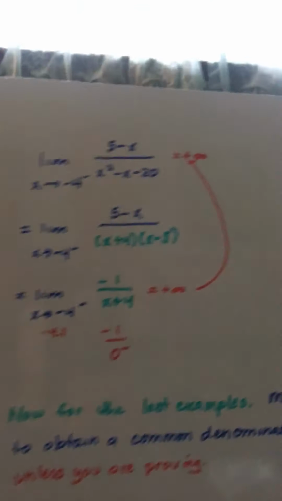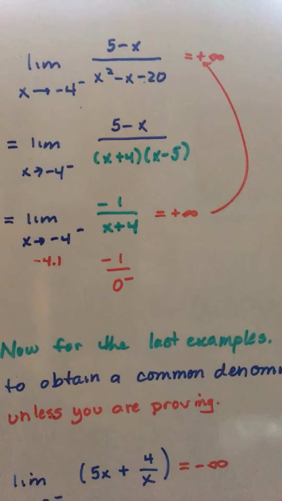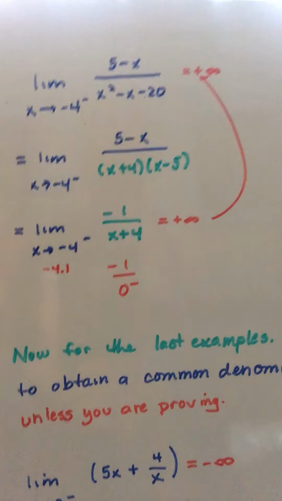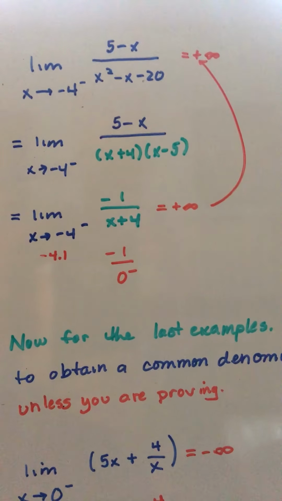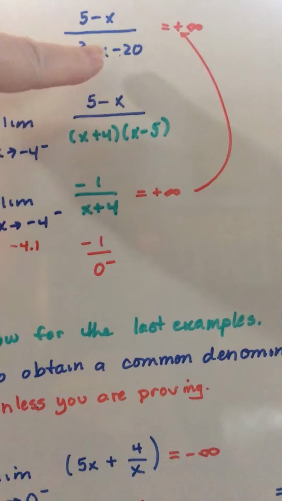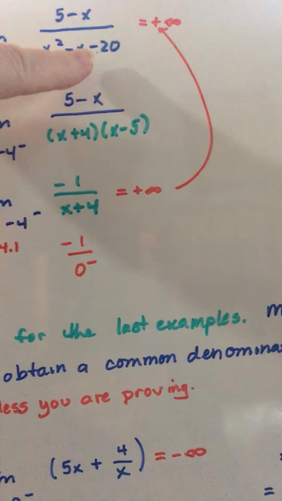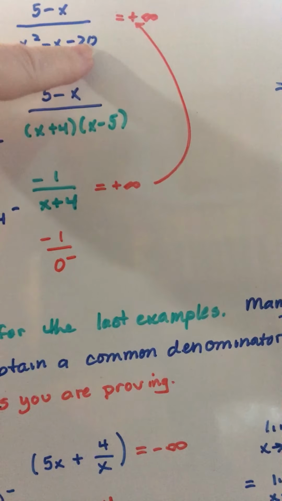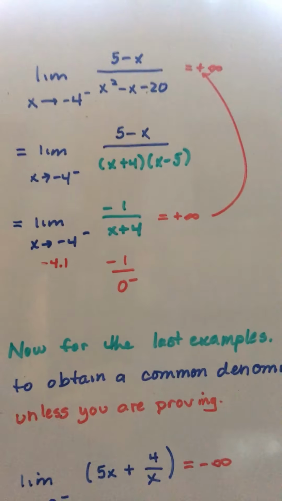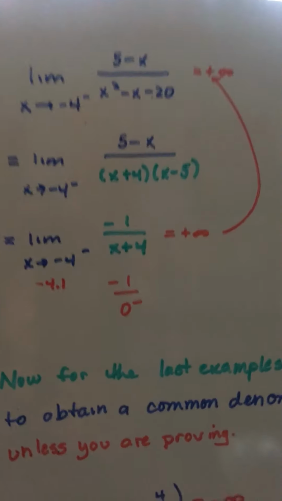All right, now let's try another one. Again, Mrs. Simpson has nicely factored this one because I looked at this and I want to plug in and I see 16 and I go through positive 4, negative 20. That's going to be a 0 in the denominator, but I can't figure out if it's 0 negative or 0 positive.